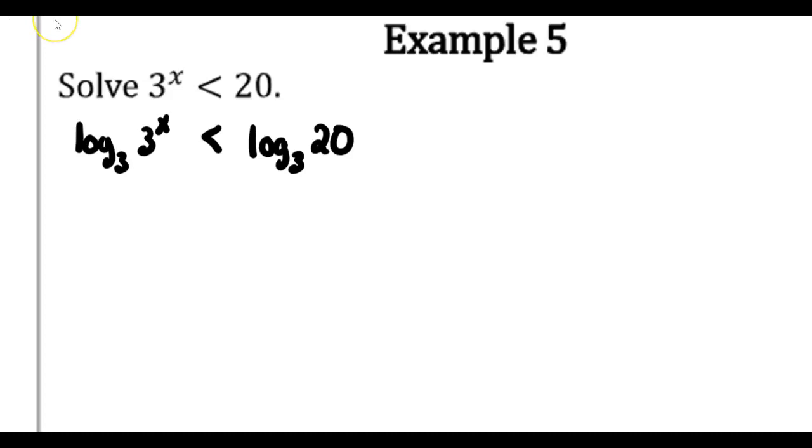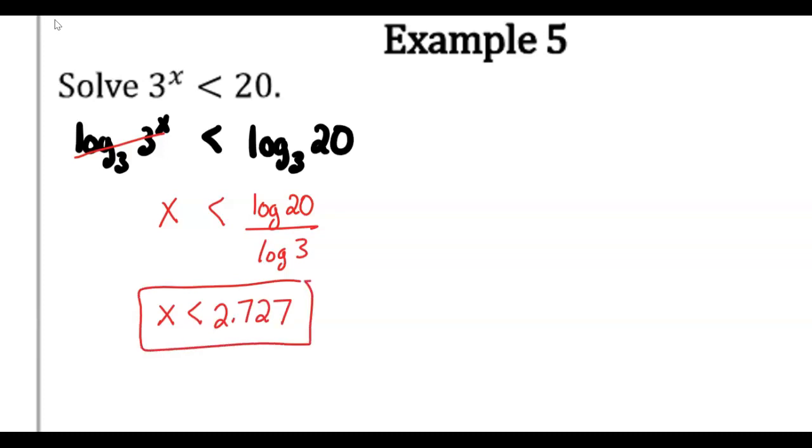So on the left side, log base 3 of 3 to the x turns into x is less than. And then if I do log base 3 of 20 in my calculator, how I'm going to type it in is I'm going to use change of base, and I'm going to do log of 20 divided by log of 3, and I get 2.727. So my answer is x is less than 2.727.